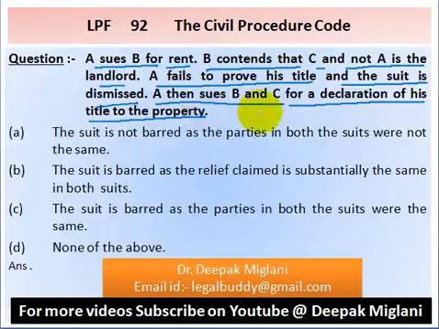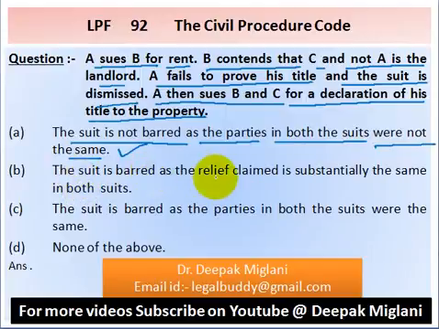Option A, the suit is not barred as the parties in both the suits were not the same. Option B, the suit is barred as the relief claimed is substantially the same in both the suits. Option C, the suit is barred as the parties in both the suits were the same. Option D, none of the above. Answer is option A.